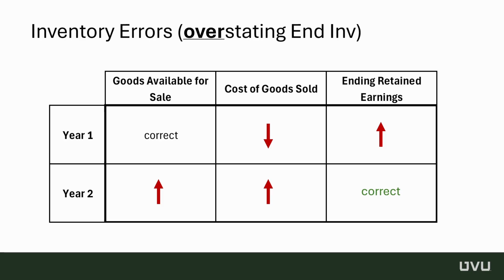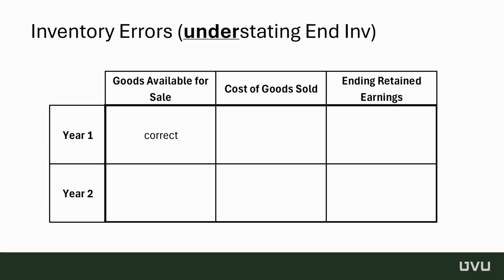For the sake of completeness, let's run through this one more time, but now using the assumption that ending inventory in year 1 was understated. And as you're probably anticipating, it's going to be the opposite pattern of what we've seen so far. Cost of goods sold in year 1 will be overstated as a result, and with that expense being too high, net income and retained earnings will be understated.